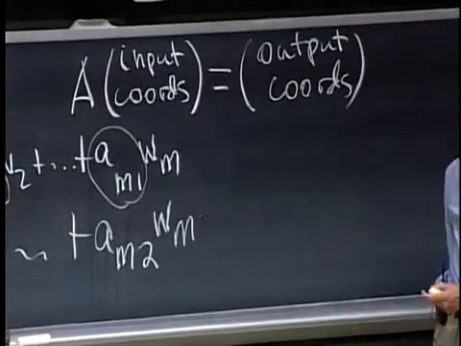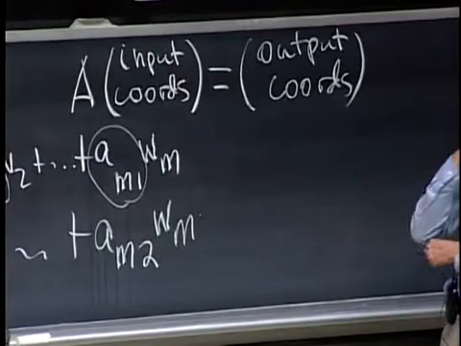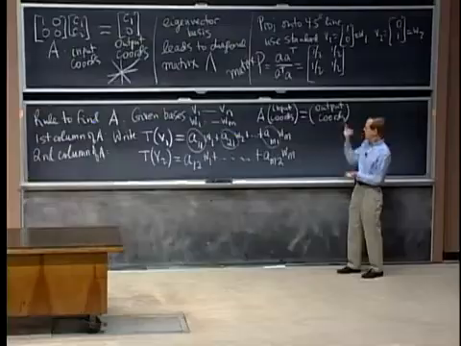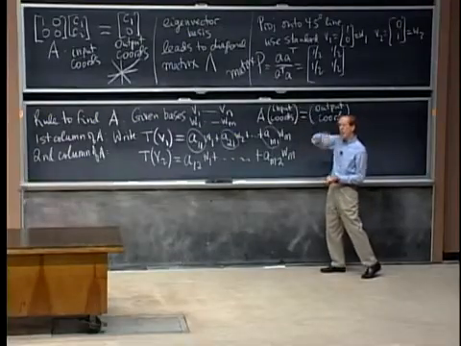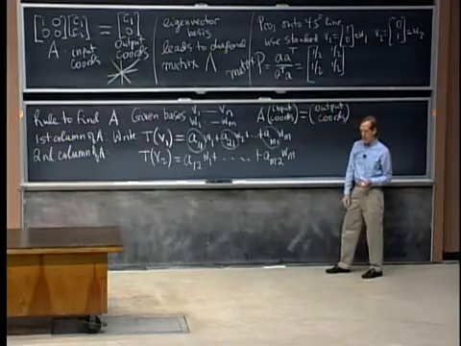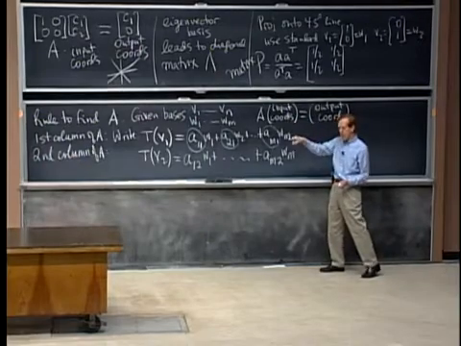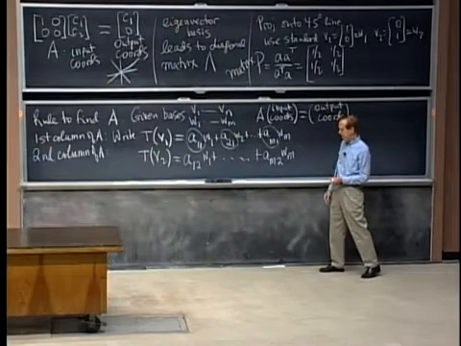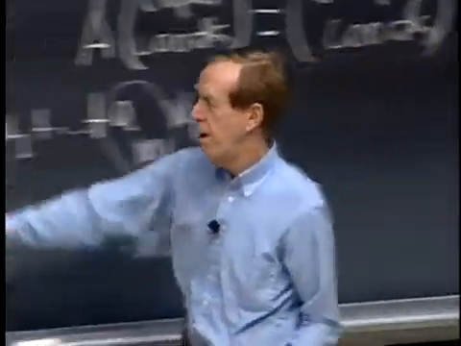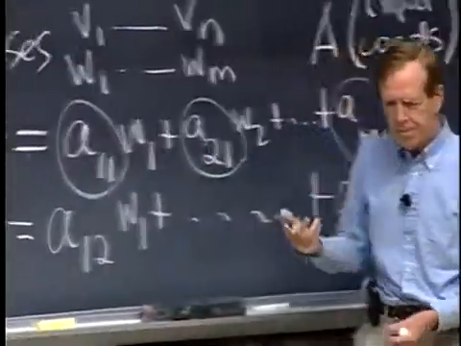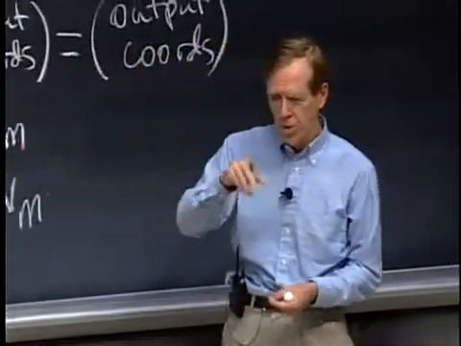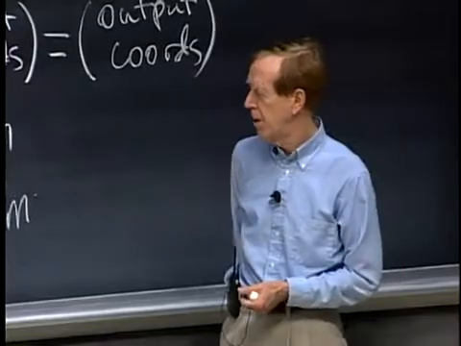Why is this right? Let me just check the first column. Suppose the input coordinates are 1 and all zeros. What does that mean? What's the input? If the input coordinates are 1 and the rest zeros, then the input is v1, right? That's the vector that has coordinates 1 and all zeros. Okay?